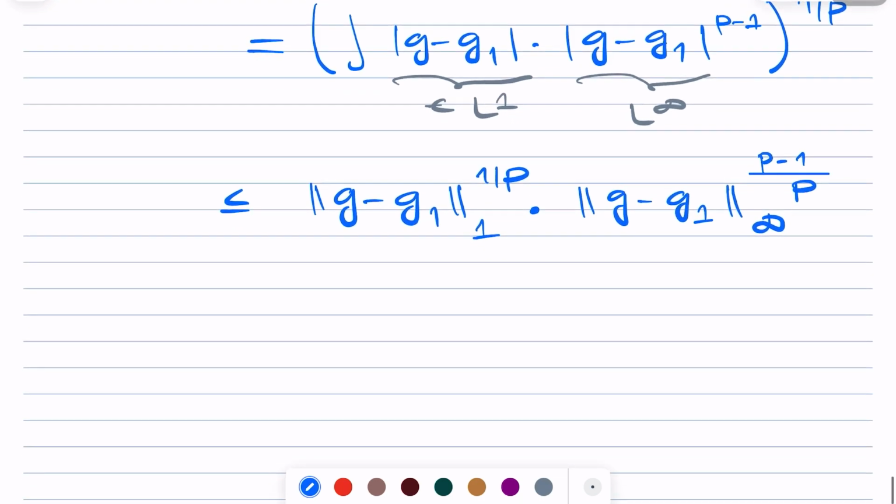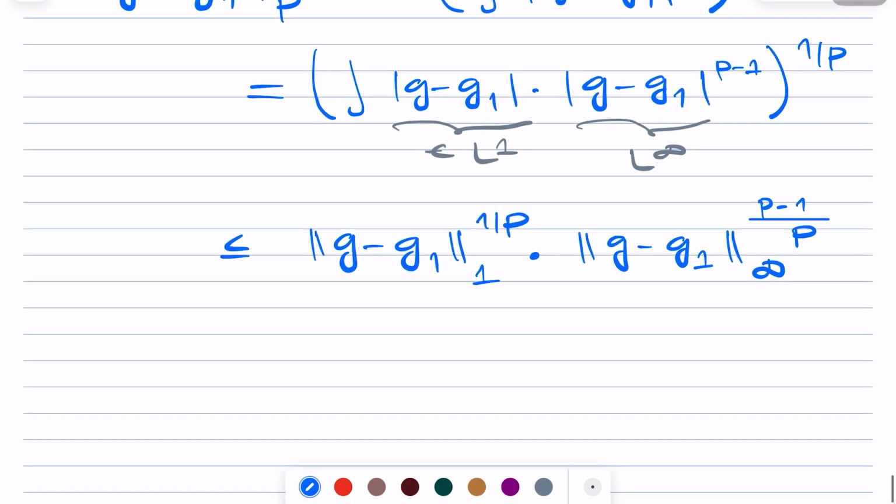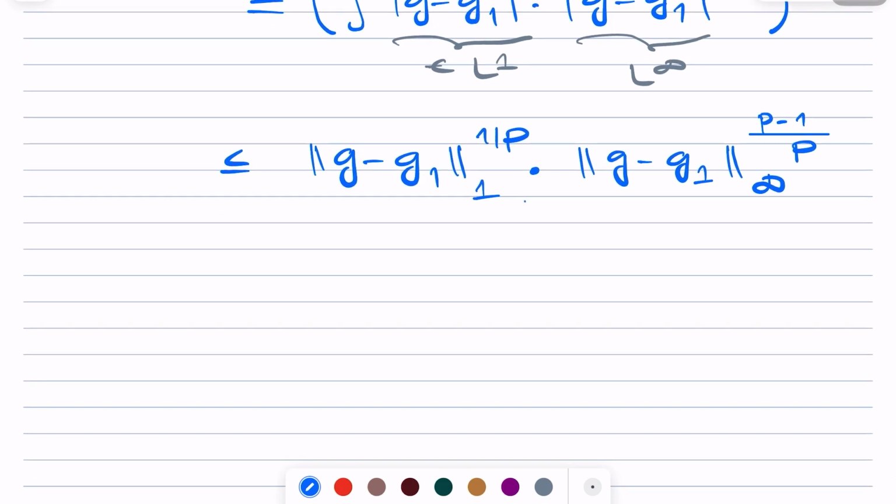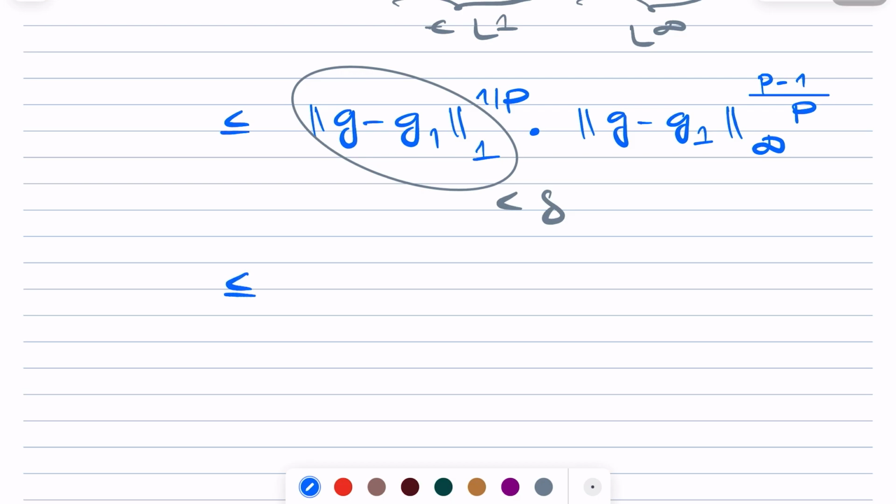Oops, I think I used the wrong color. Now one of these is actually strictly less than delta, so this we know. And so this is less than or equal to delta to the power 1 over p times the norm of g minus g1, norm infinity, to the power 1 minus 1 over p.